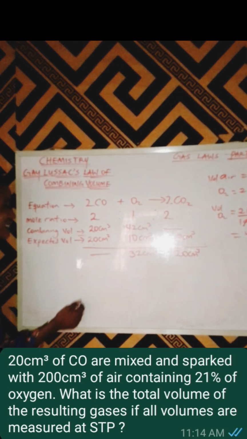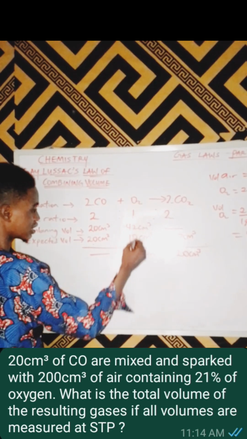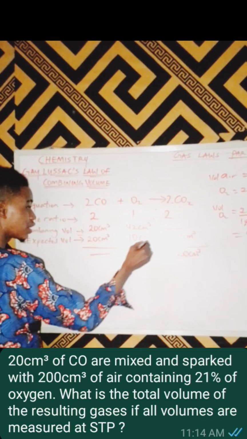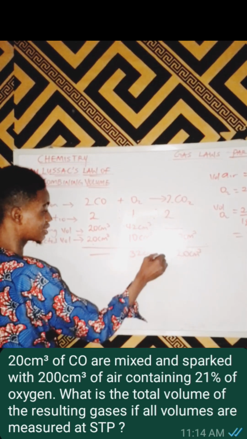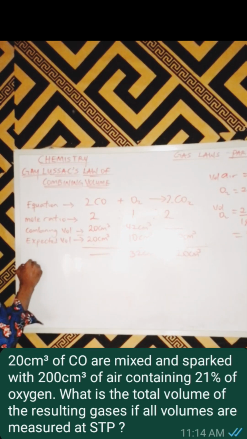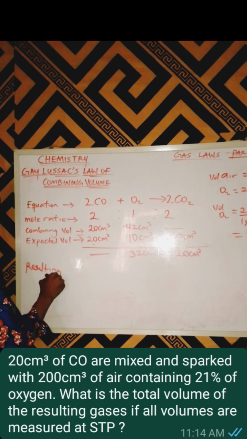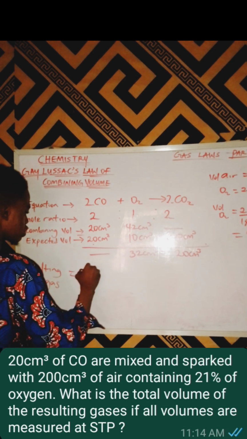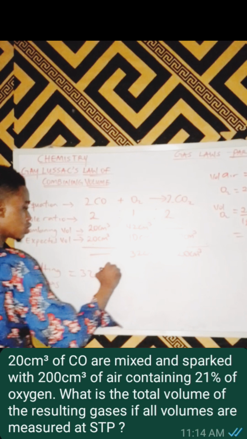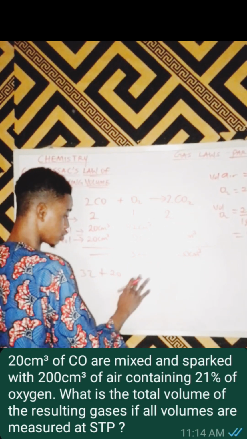So out of 42 centimeter cube of oxygen, only 10 centimeter cube took part in the reaction, so 32 did not take part at all. So the resulting gas is going to be equal to 32 plus the product, which is 20 centimeter cube.